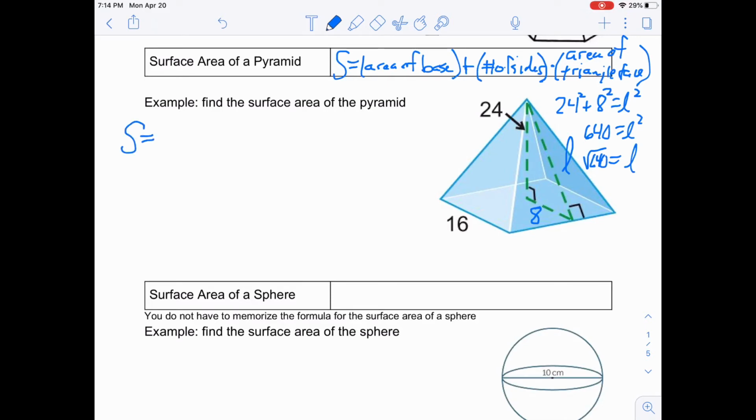is going to equal the area of the base, which we're going to have as 16 times 16, added to, now there are 4 sides to that base, so we're going to have 4 times the area of each of the triangle faces. Well, a triangle face, you're going to get 1/2 times the height, which is that slant height.